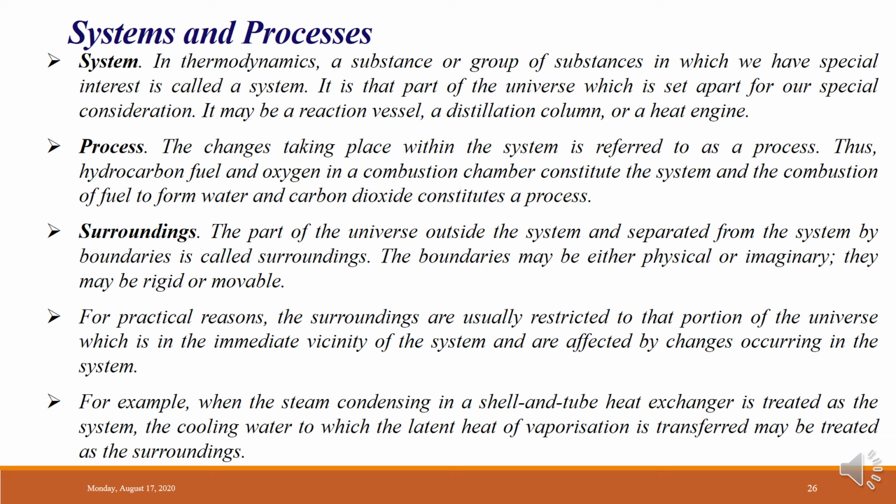A system in thermodynamics is a substance or group of substances in which we have special interest. That means a reactor, and what is happening inside is the system, right? And the outside part is the surroundings. Very simple case here.